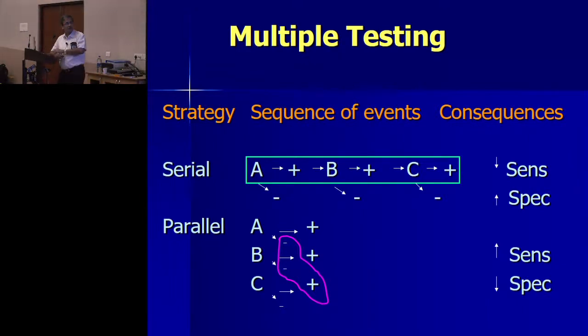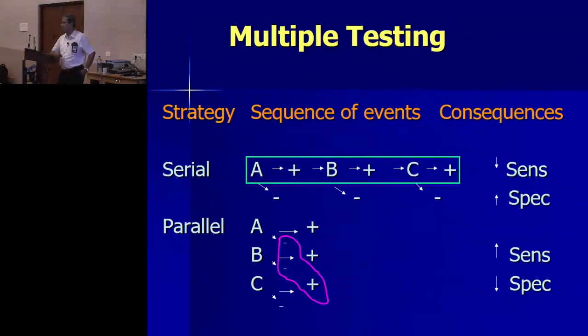The other strategy is to do parallel testing, where you do all the tests at one time, and you count if any one is positive. So one way of doing it is you do A, if it is negative, then you do B, and if that is positive, fine. If B is negative, then you do C. So this is one way of doing it. Or you just give all three tests together, and if any one is positive, you treat.